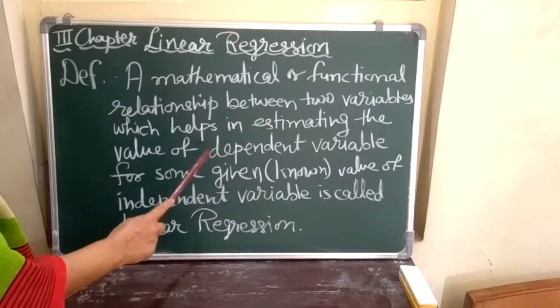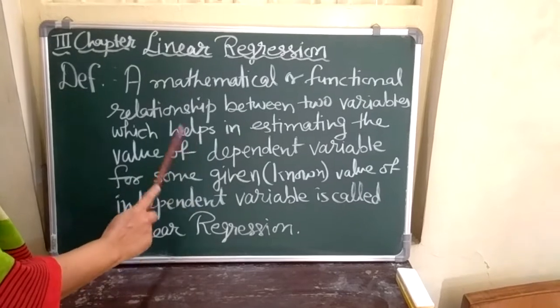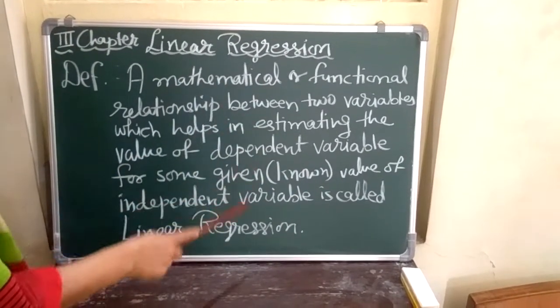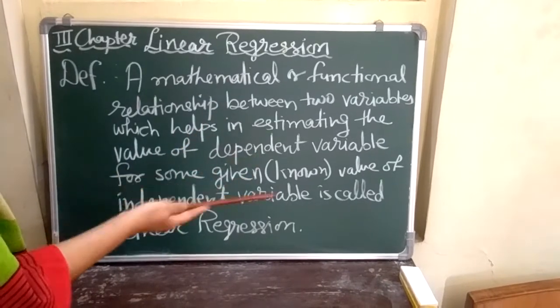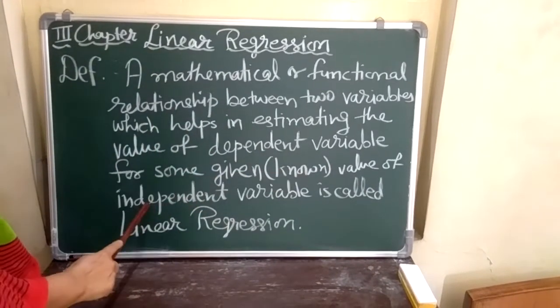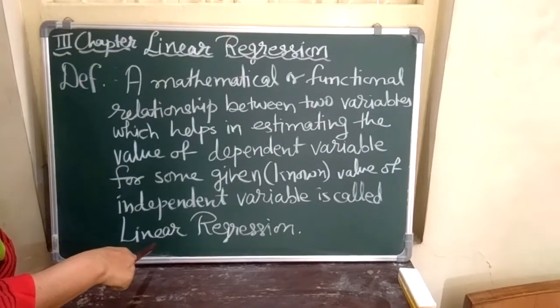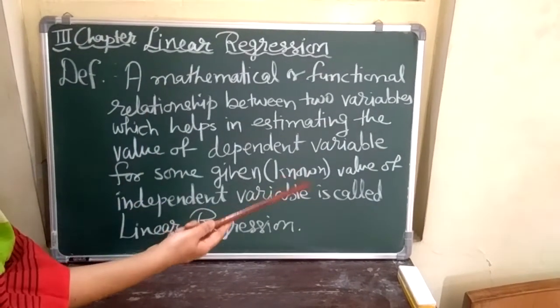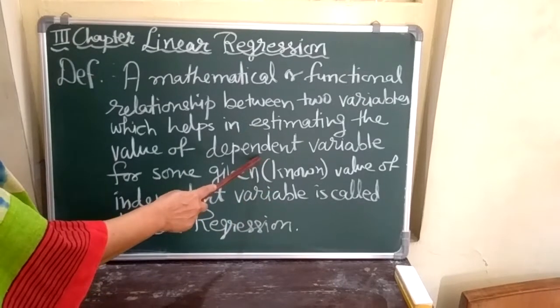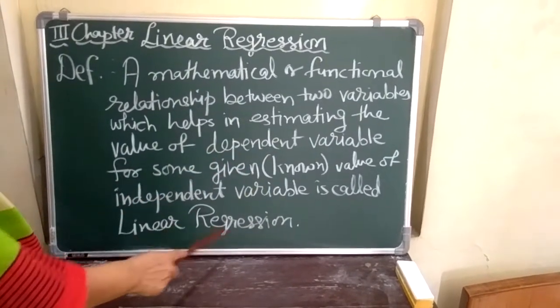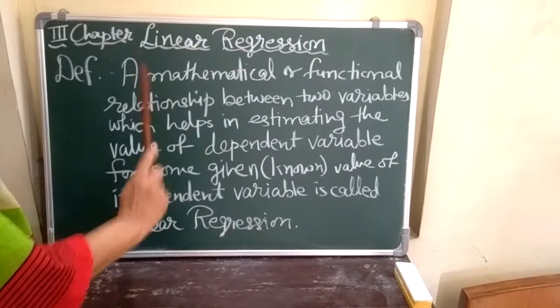In the sums we will do, we will find the estimated value of y, the dependent variable, on the basis of the independent variable x. By using the values of the x variable, we will find the estimated value of the dependent variable y. That is known as linear regression.